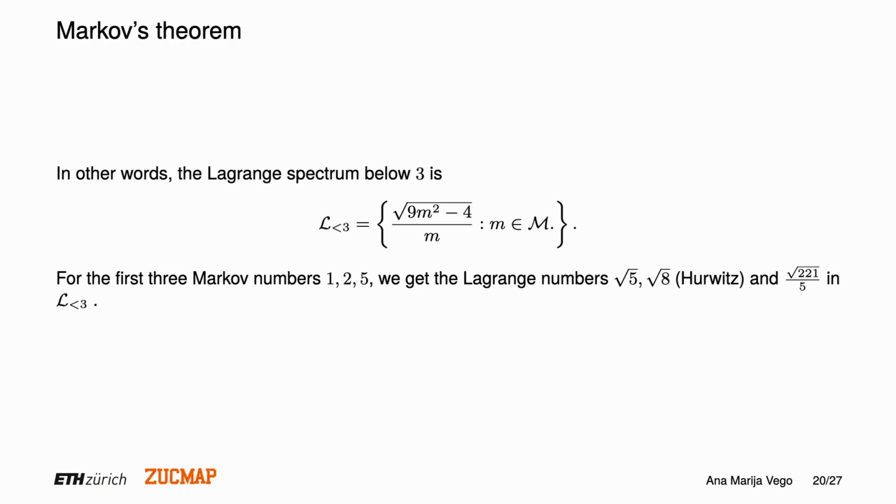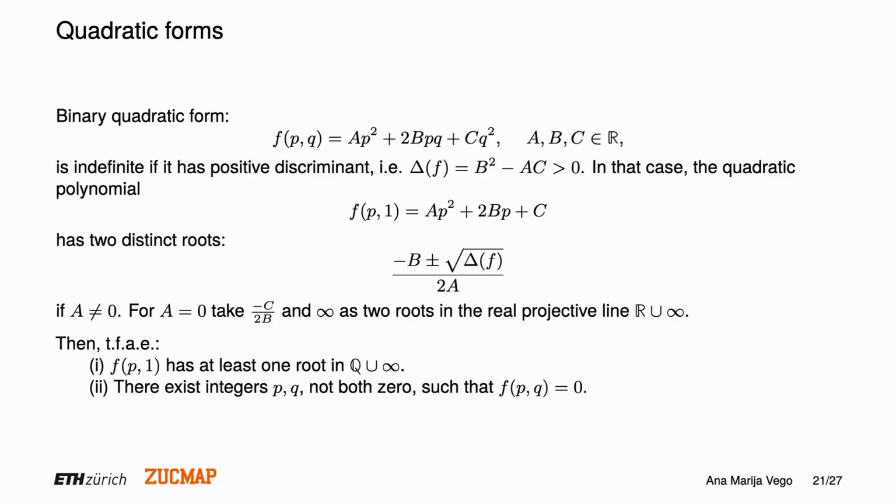Something else that Markov was wondering about is quadratic forms, and he was asking himself how well quadratic forms can be bounded from below. So what is the smallest non-negative value a quadratic form can attain? And for that, let's first introduce what binary quadratic forms are.